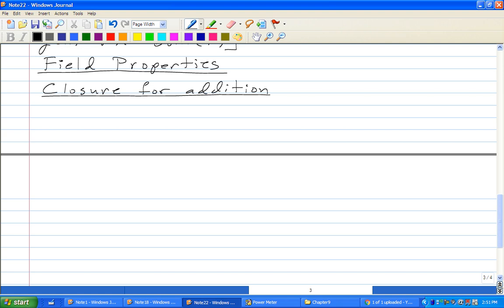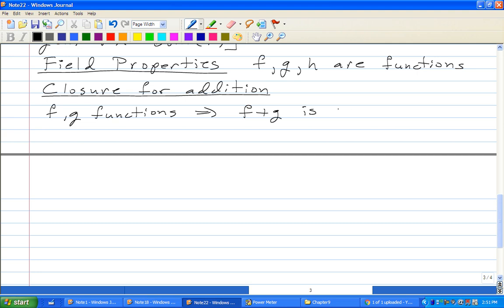So this says that if f and g are functions, so let's assume f, g, and h are functions, so f and g being functions implies that f plus g is also a function.